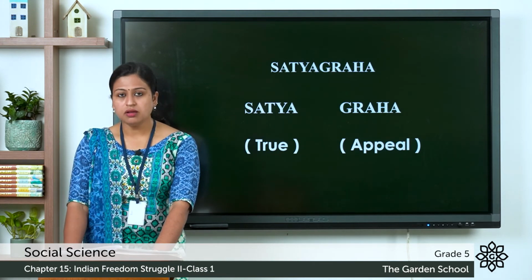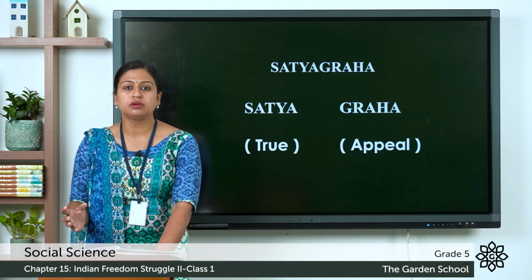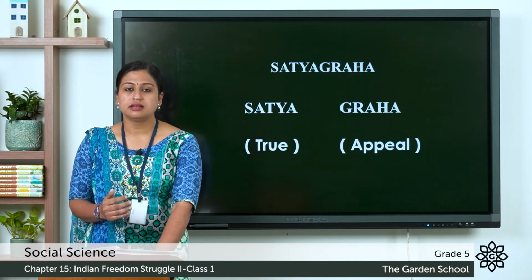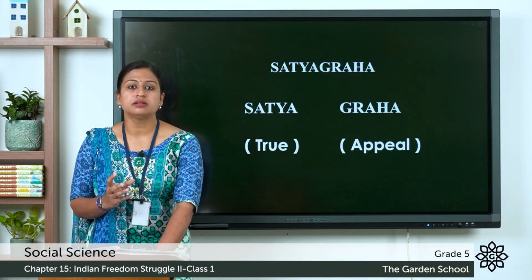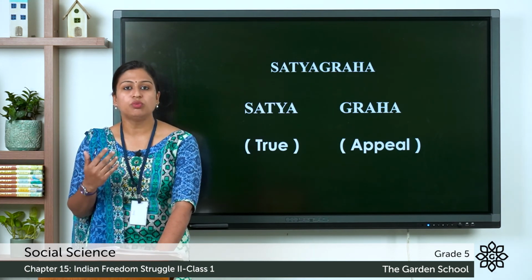Mahatma Gandhi also asked the leaders to go to villages to include the peasants. Peasants are the poor farmers, and artisans are the skilled workers who make things by hand, and workers.